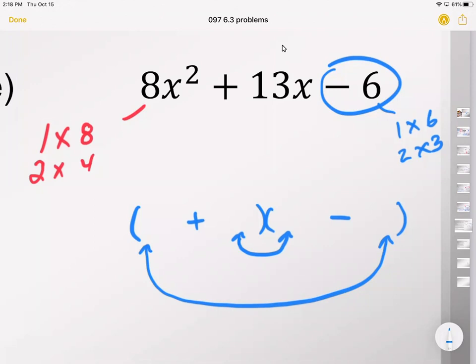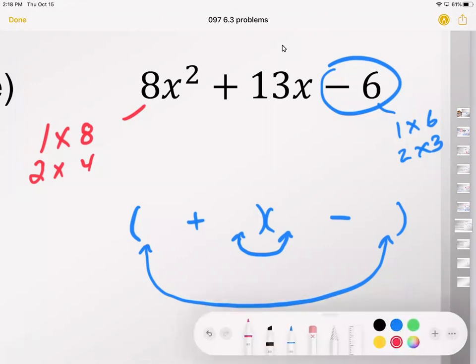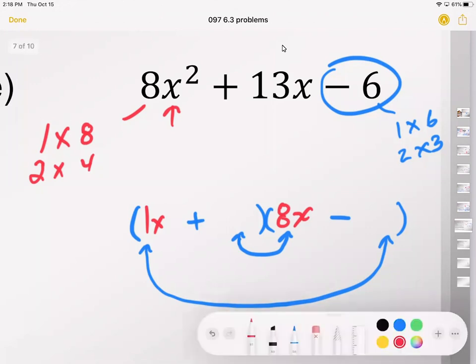Now, all you need to do is put in the first item again. If you want to, you can try 1x and 8x, because 1 times 8 is 8 and x times x is x squared. And again, the reason I have the x there is because of that x squared. For me, I do this here.